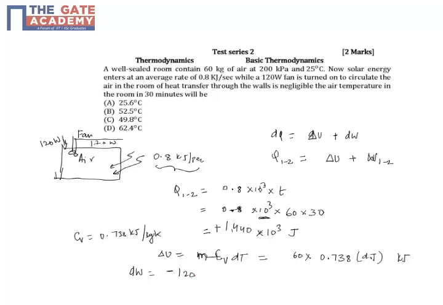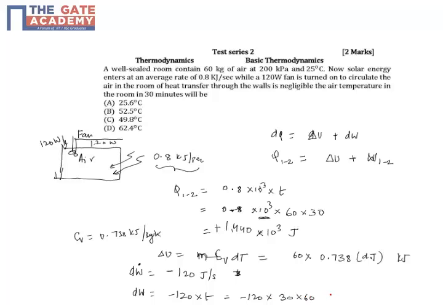So minus 120 watts, which is joules per second. This is the rate, but if I convert to time, it is minus 120 into 30 into 60.